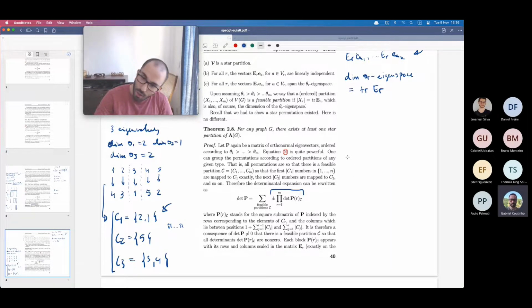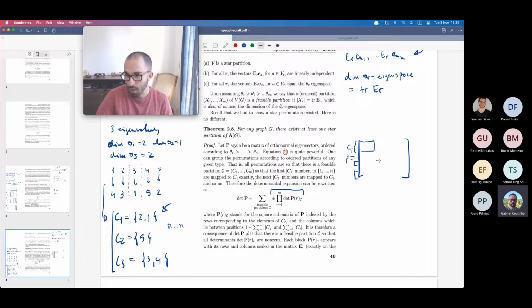So I'm basically writing the matrix P. One way of computing the determinant, you pick all possible ways of selecting one entry in each row and column, and you multiply and you compute that determinant. That's exactly what we did before. Now I'm picking here, C1 corresponds to these rows, and I'm picking this block. C2 corresponds to this row and these rows.